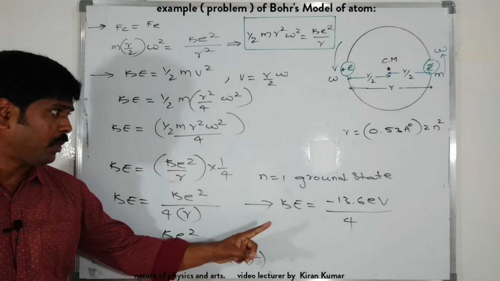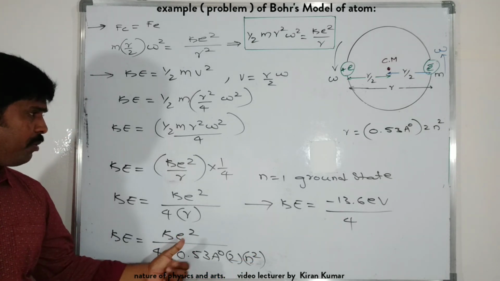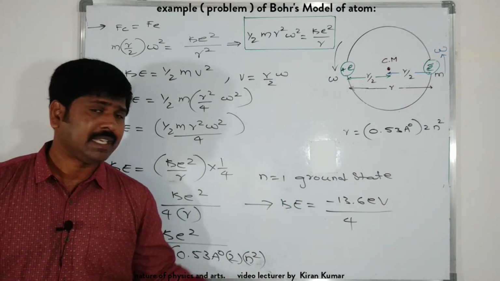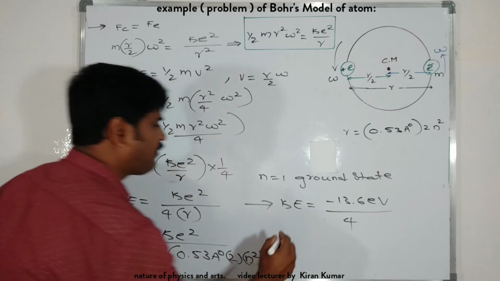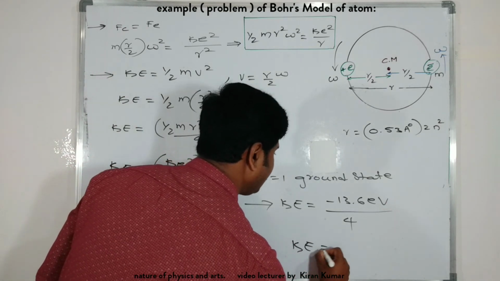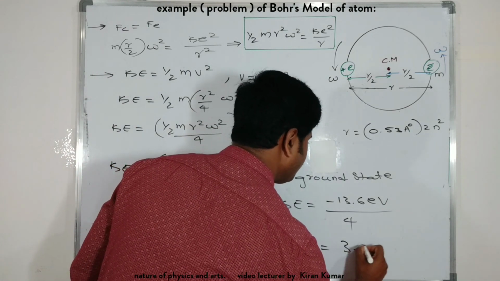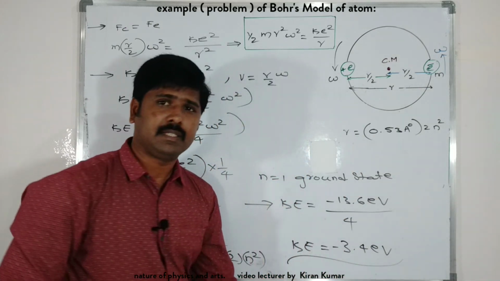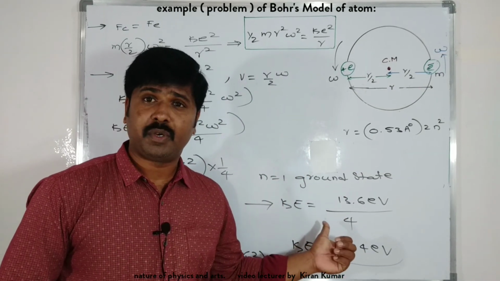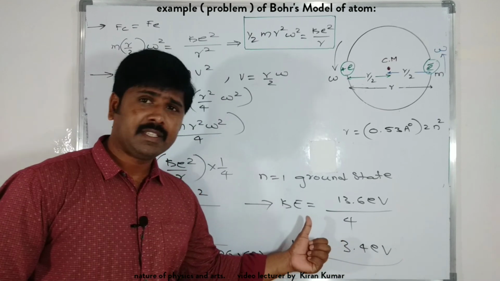Here n is equal to 1. That value is minus 13.6 electron volt divided by 4 remain same. After solving this, we will get kinetic energy which is equal to 3.4 electron volt. Please copy this. Here kinetic energy positive only. Sorry. Please copy this.